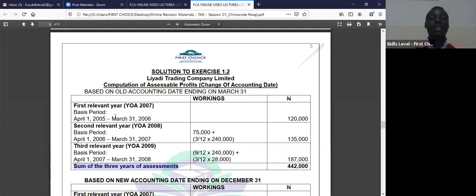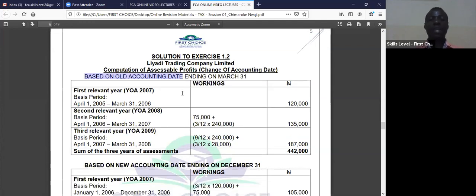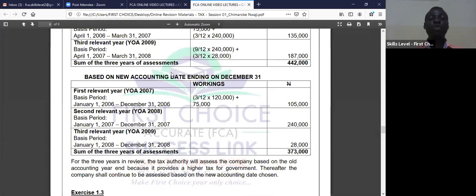So you add the first relevant year to the 2nd relevant year to the 3rd relevant year. 3 of them will give you 442,000. So that is what you will do when you are looking at the old accounting date. Now you will come again and say, based on the new accounting date, you guys have changed your date, right? I've accepted. Let me work with it.